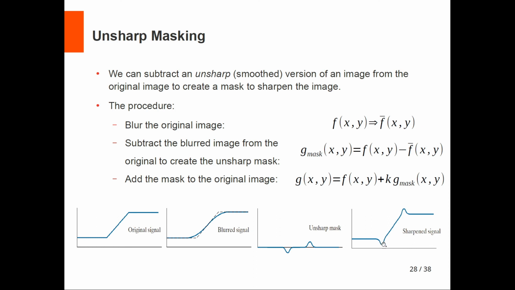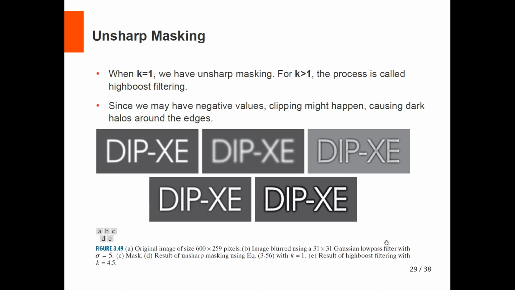So especially for the regions in which the values may be negative, we end up with these dark halos around the edges. So the value of k needs to be modified according to the result that we desire.